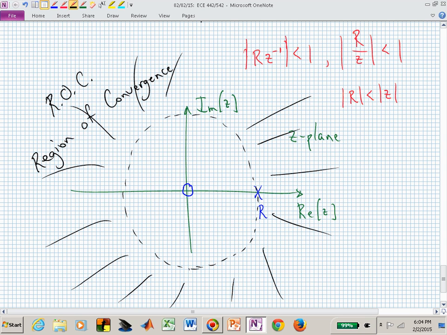Meaning if little r is 1/2, then the unit circle is outside that capital R, and that unit circle is contained inside the region of convergence. If capital R is 2, where's the unit circle relative to that picture? It's now inside the region of convergence. The unit circle is not contained in the region of convergence, and that system, that waveform, is unstable.